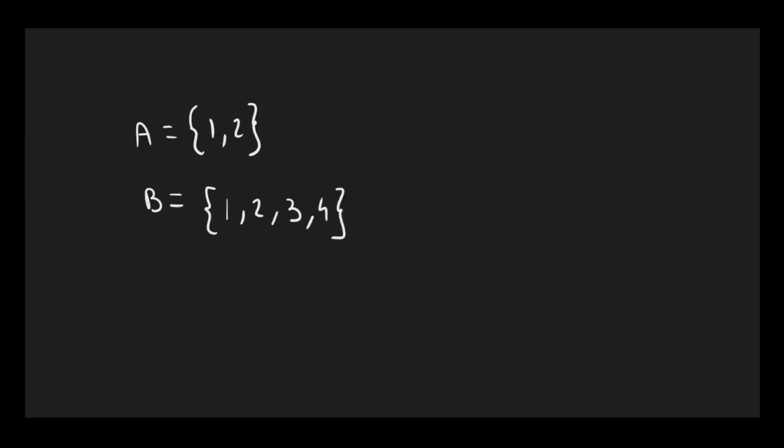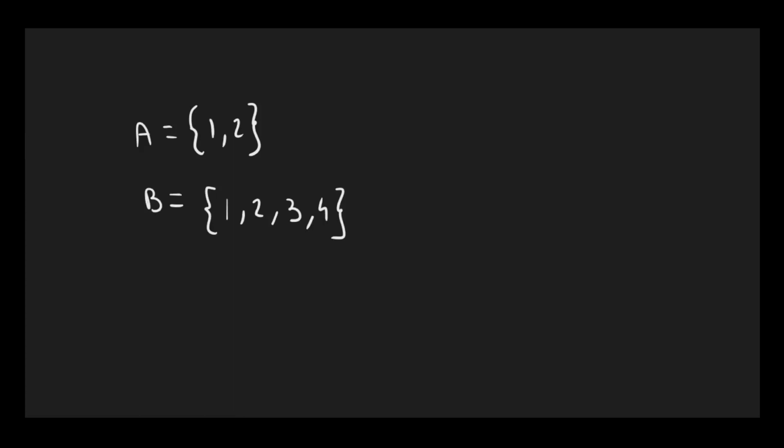Try this one. Let's say A is 1, 2, and B is 1, 2, 3, 4. What do you think the union is going to be in this case?